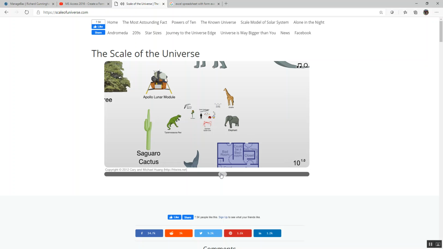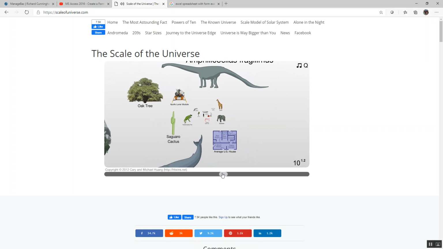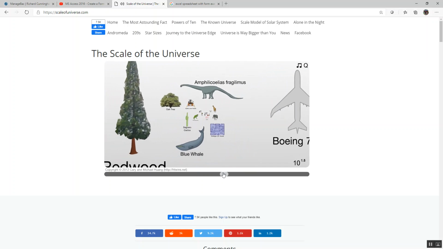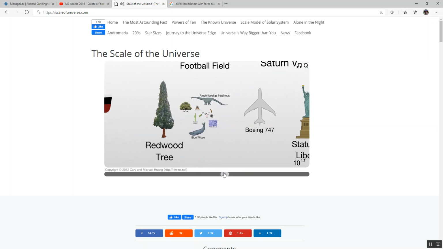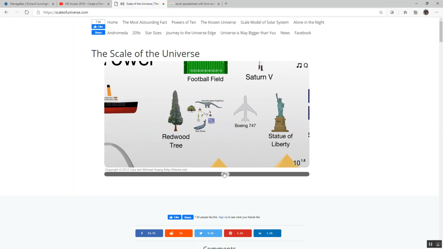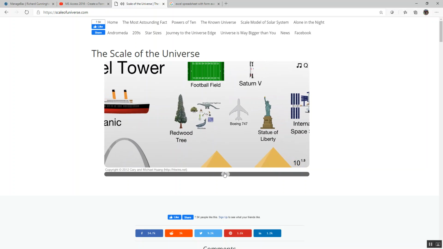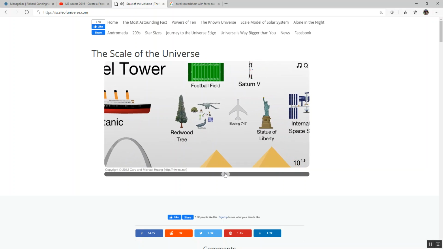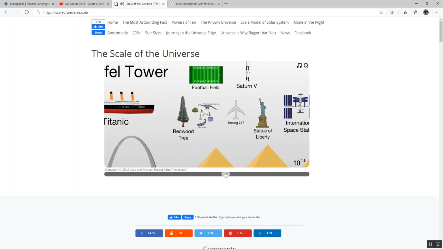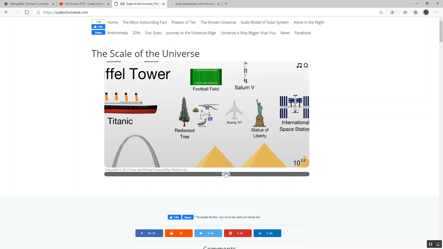But as we keep going out and the numbers keep getting bigger, if I go to 10 squared, what's 10 squared? It is actually equal to 100.